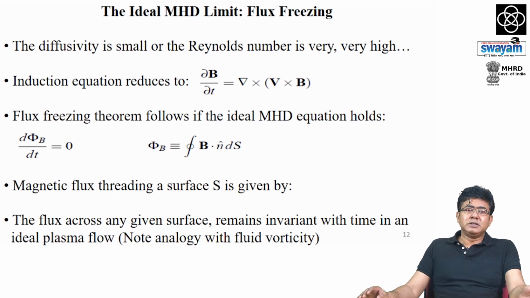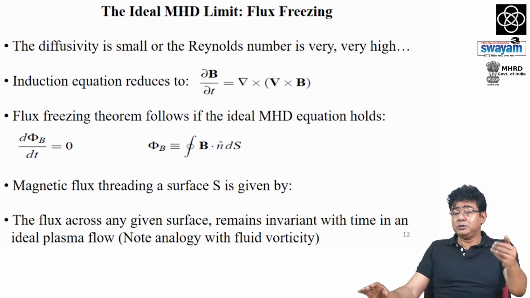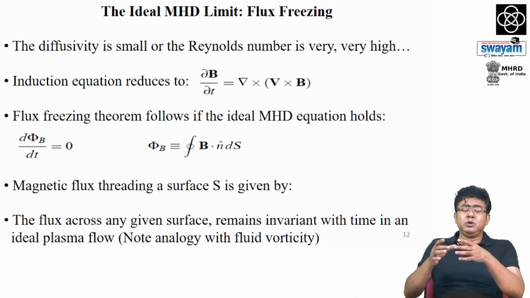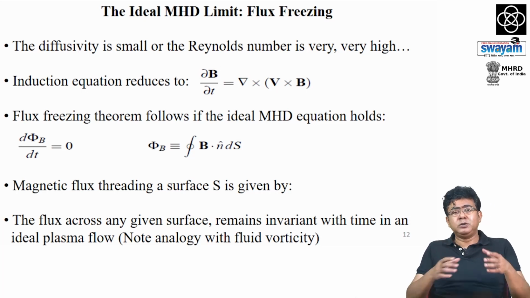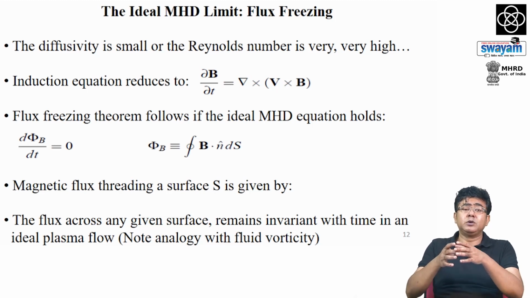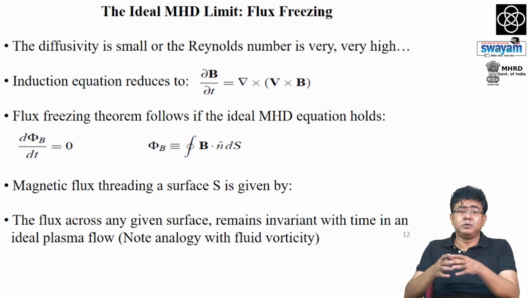So, if I have a condition where I can neglect the diffusivity term and the Reynolds number is very high, which allows you to do this, then the flux of B over any closed surface is invariant as you follow this surface while it is moving with the plasma flows, right. This implies that magnetic field lines are frozen to the plasma flows, or magnetic flux is conserved over any surface as it moves with the plasma flow, right.